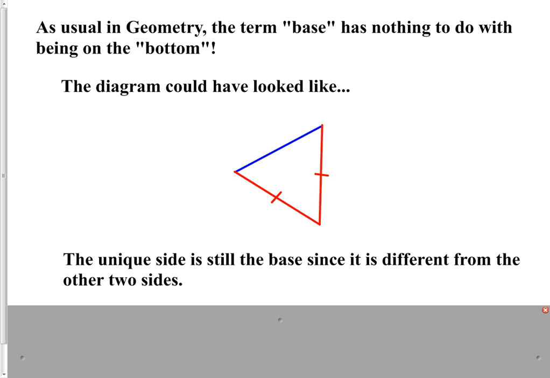So do not fall into the trap of thinking legs always stand upwards and the base is always flat and on the bottom. It's a common misconception. It's something that test writers like to pick on, because they know that sometimes geometry students do not pay a whole lot of attention to the differences between the English language words and the matching geometric language words. That is why we have to pay so much attention to our vocabulary.